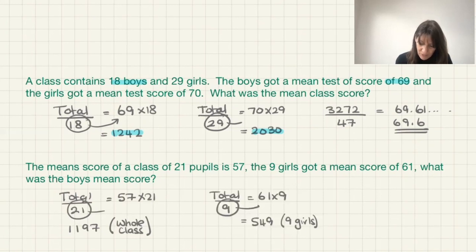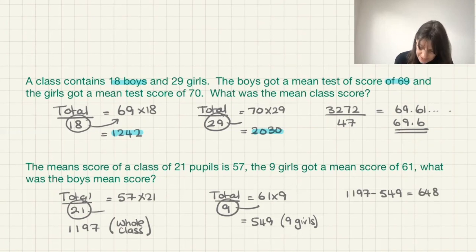I want to find out what the boys' mean score is. So the whole class, the boys and the girls, are 1,197. If I take off the girls, take off the 549, I get 648. So that's the boys' total.